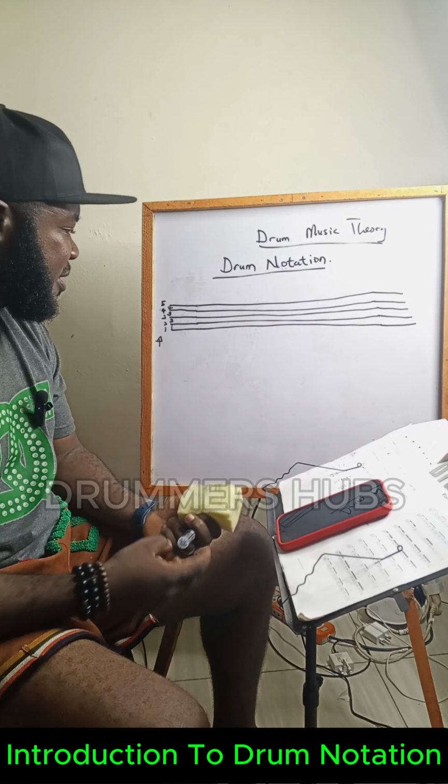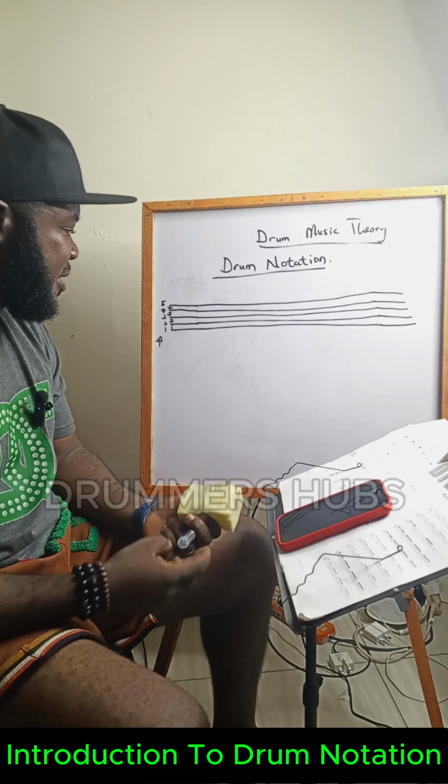And one other thing you need to understand is you start counting the positioning of those lines and spaces from the bottom. I'm just going to write out the point: counting starts from the bottom.